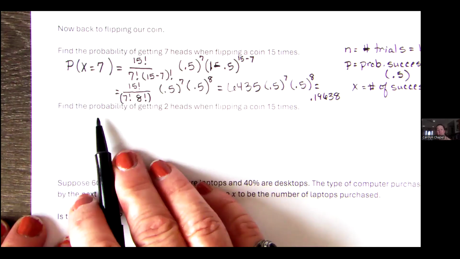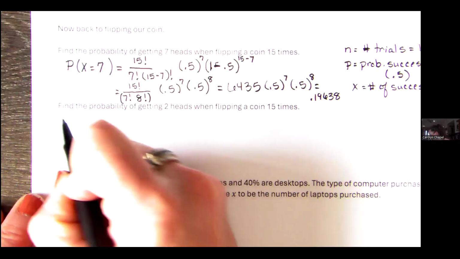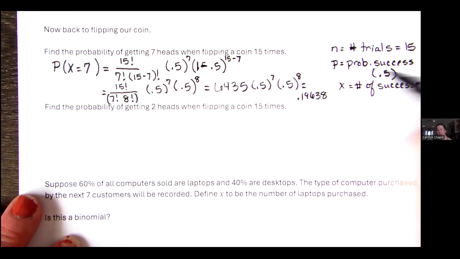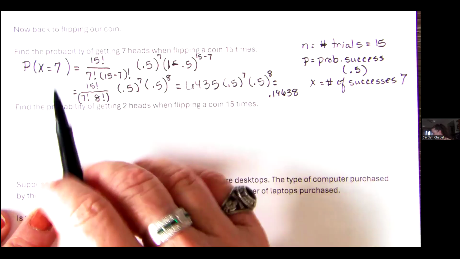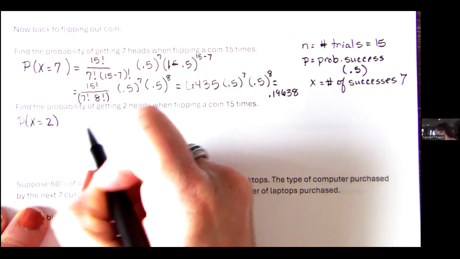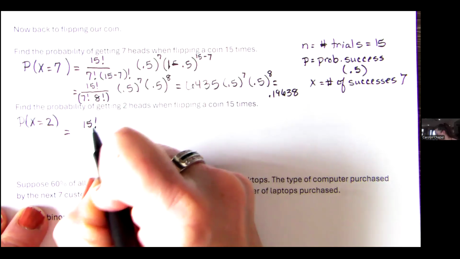So here we're trying to find the probability of getting 2 heads. So here 2 is the number of our successes. The only thing that changes then in the problem from before is our x, instead of being a 7, becomes a 2. So we're going to have that 15 factorial still.